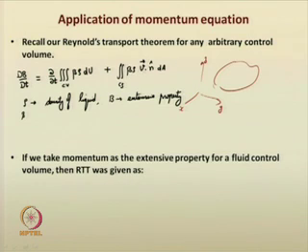The second term on the right hand side suggests the net outflux of this extensive property through the surfaces of this control volume. That was the description we had given much earlier, in many of the modules. The same simple principle we are going to use again for turbo machinery as well.